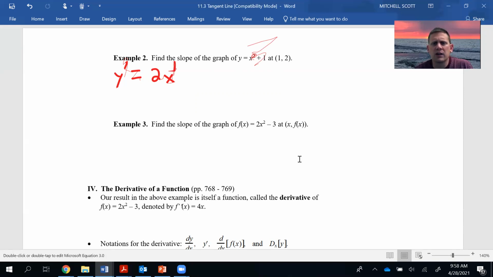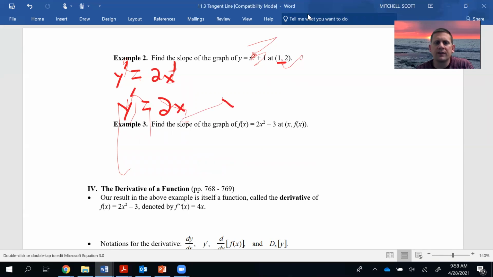And then when you take a derivative of a constant, it's just gone. So there's your derivative, 2x. So now we're going to take our 1 and plug it in.